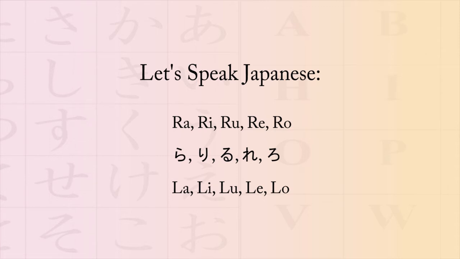It's not as hard as the L sound of the L's, and it's not as soft as the R sound of the R's. It's right in the middle. And that is the reason why you can't use ra, ri, ru, re, ro to pronounce the R's and the L sounds. And in the same way, you can't use the R's and the L's to pronounce the sound ra, ri, ru, re, ro.